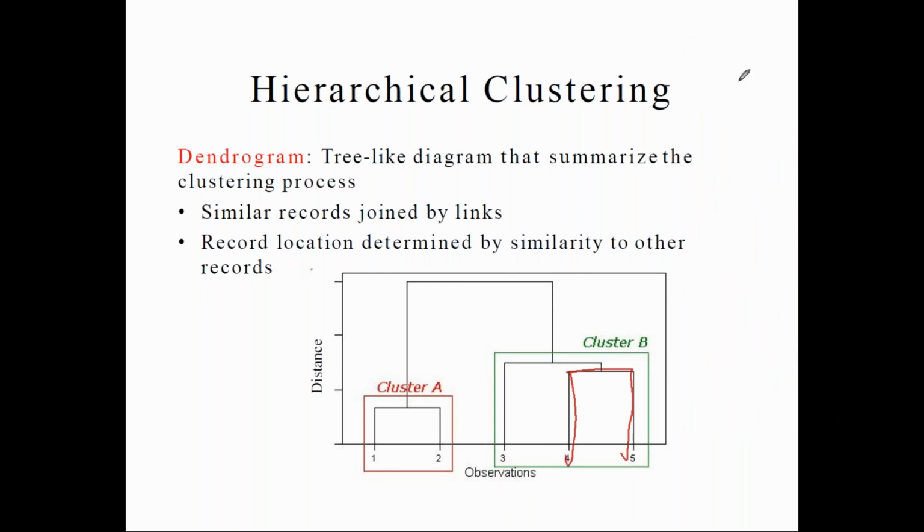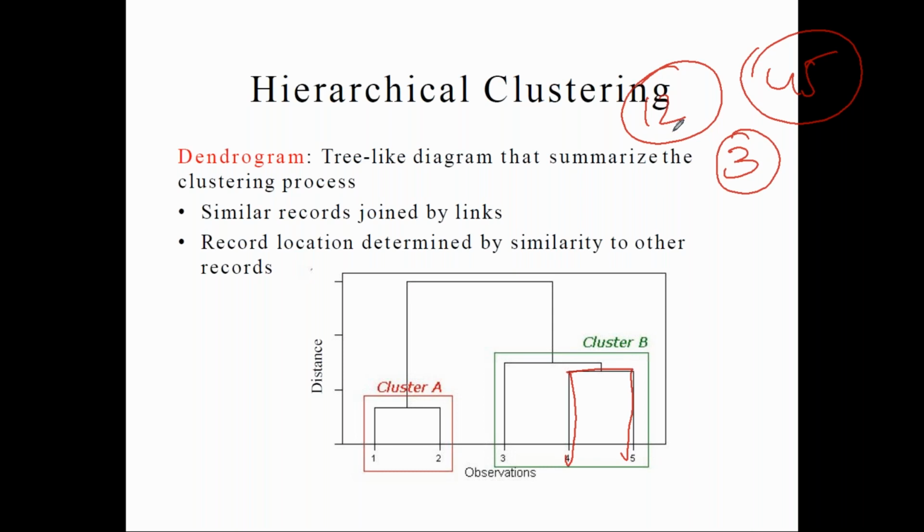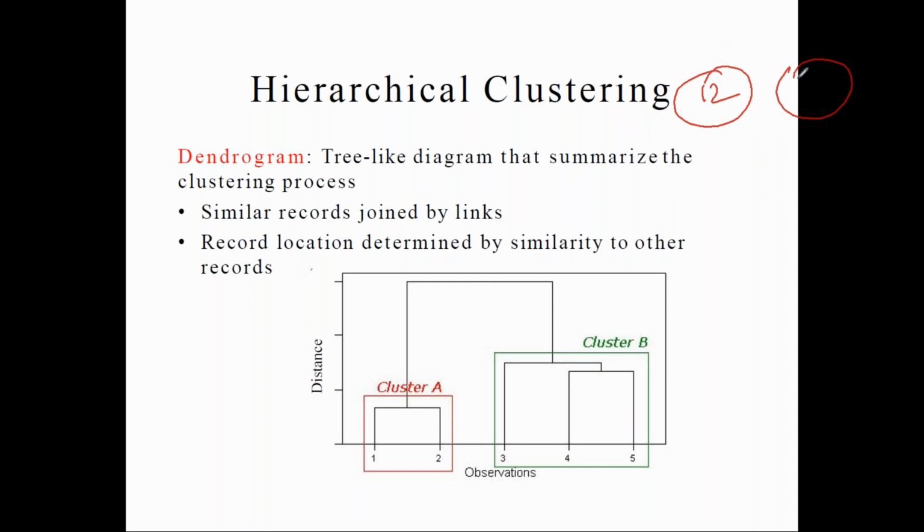Now you don't have 1, 2, 4, 5 separately. You're having 4, 5 as one cluster and 1, 2 as one cluster, and in the middle there is one record called 3. You're left with only 3.